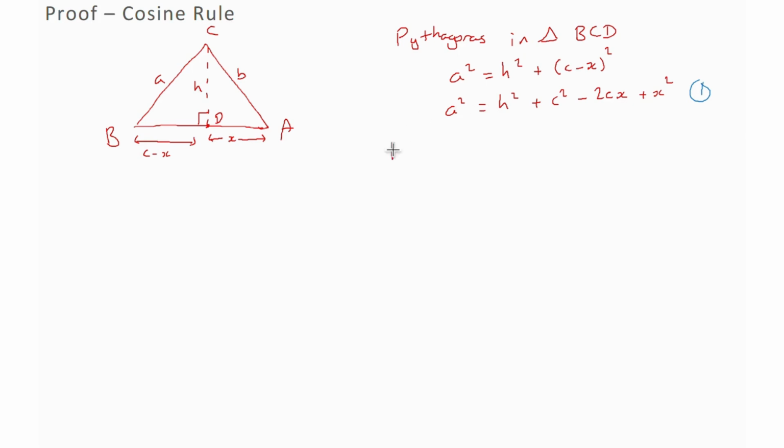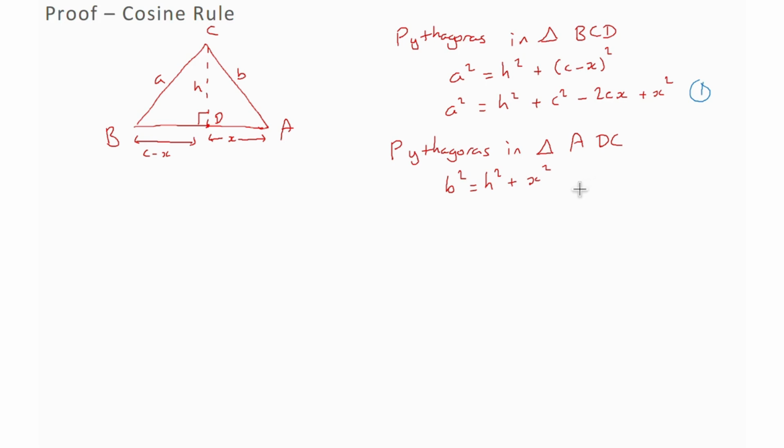Now I'm going to do a very similar thing, but in the other triangle, I'm going to do Pythagoras in triangle ADC. And I'm going to get B squared is equal to H squared plus X squared.